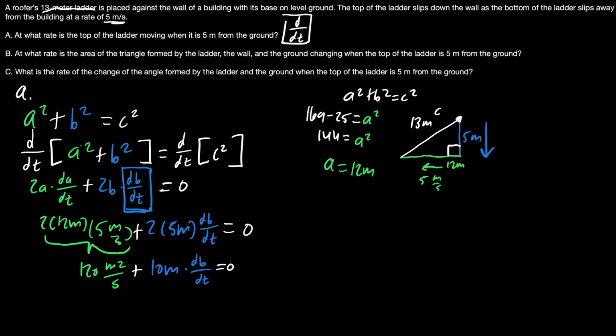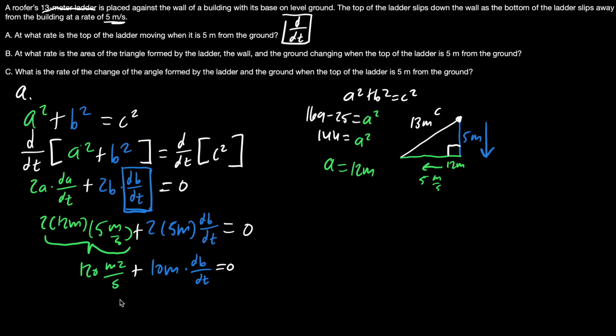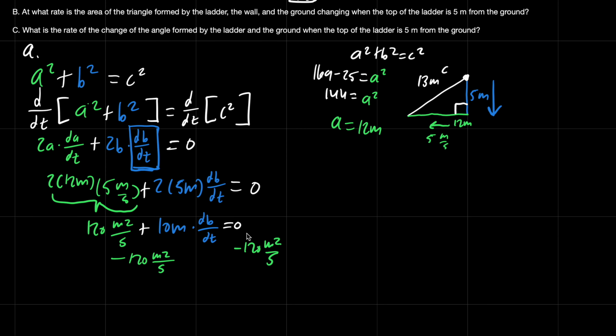Subtract both sides by 120 square meters a second.